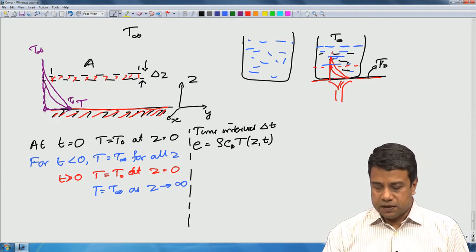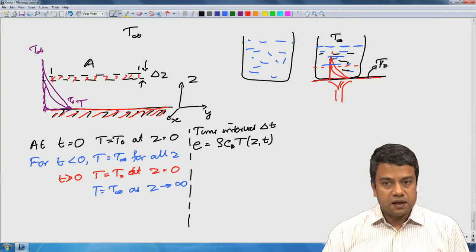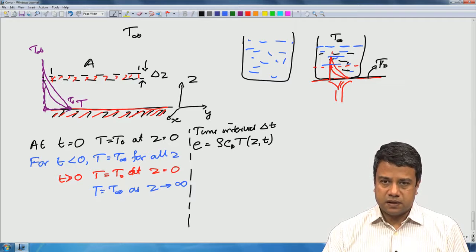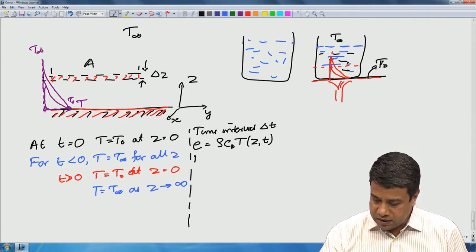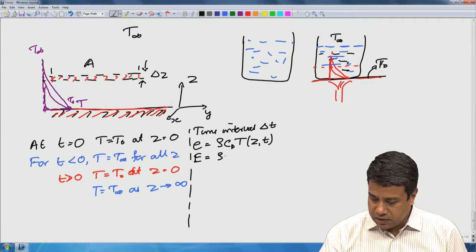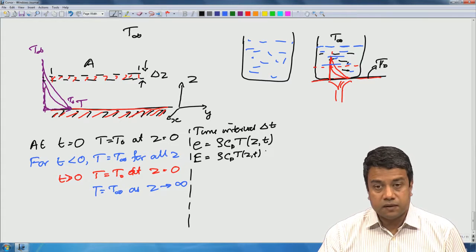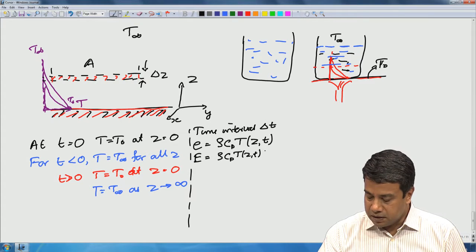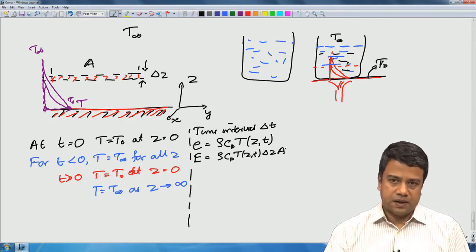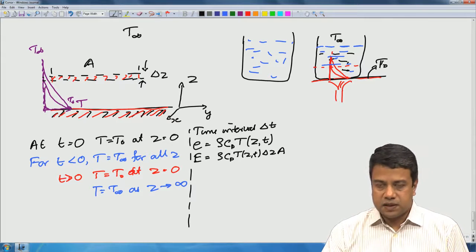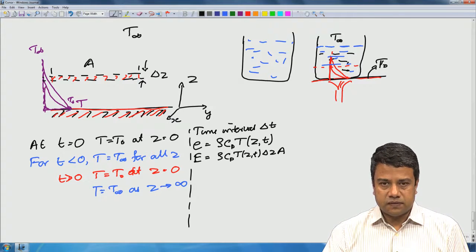This is the energy density times the volume is the total energy. Therefore, the total energy is equal to rho Cp T at z and t times the volume. The volume is equal to delta z into the cross sectional area A. So, that is the total energy within this differential volume.